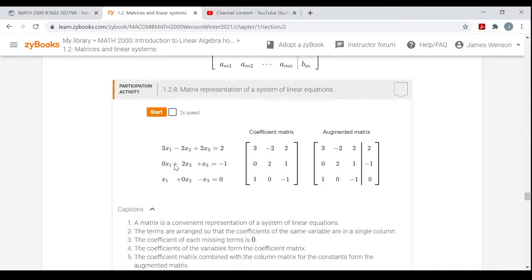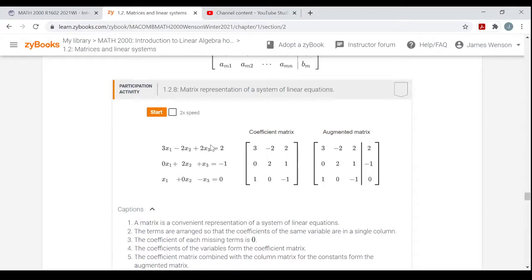Here are three linear equations in three variables: x1, x2, and x3, and they're written in the standard form where the x1s are lined up, x2s, x3s. You have your equal signs, and then your constants: 2, -1, and 0. So you see the coefficient matrix is made up of the coefficients of the variables, where down the first column I have 3, 0, and 1, the coefficients of x1. Down the second column, -2, 2, 0, the coefficients of x2.